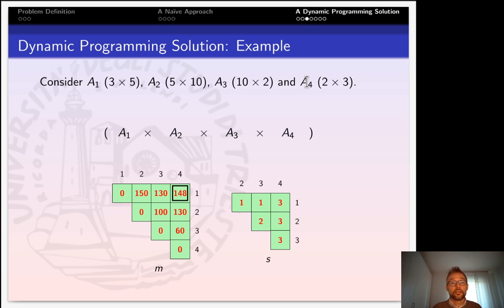We want to find a possible parenthesization which minimizes the number of scalar multiplications. There may be many possible parenthesizations that minimize the number of scalar multiplications, but we want to return just one of them, and that's the point. I hope I answered your question.